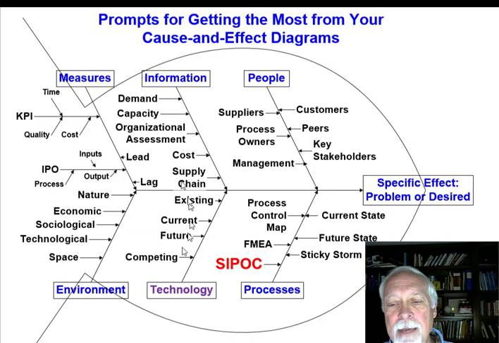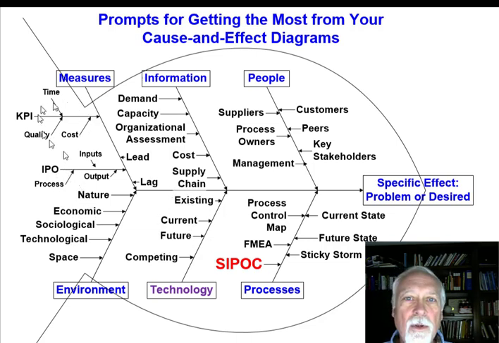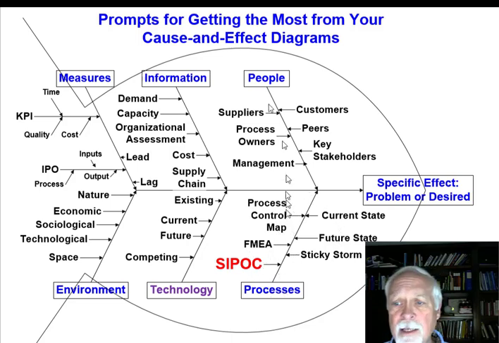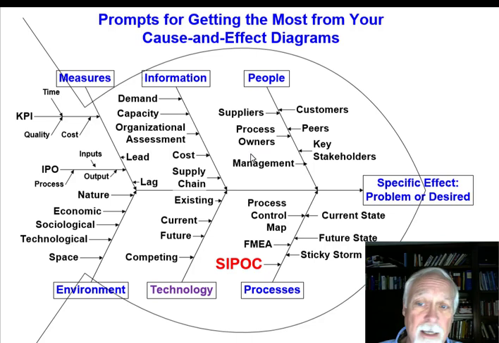But maybe that's because you don't see the questions to ask of your process. If you asked of your process, what are the KPIs or potential KPIs? If you asked of your process, what are the inputs, outputs, and processes? Then if you did that, then you would populate the processes. Once you populated the processes, then I've got customers, suppliers, and process owners, as well as others, and so on.